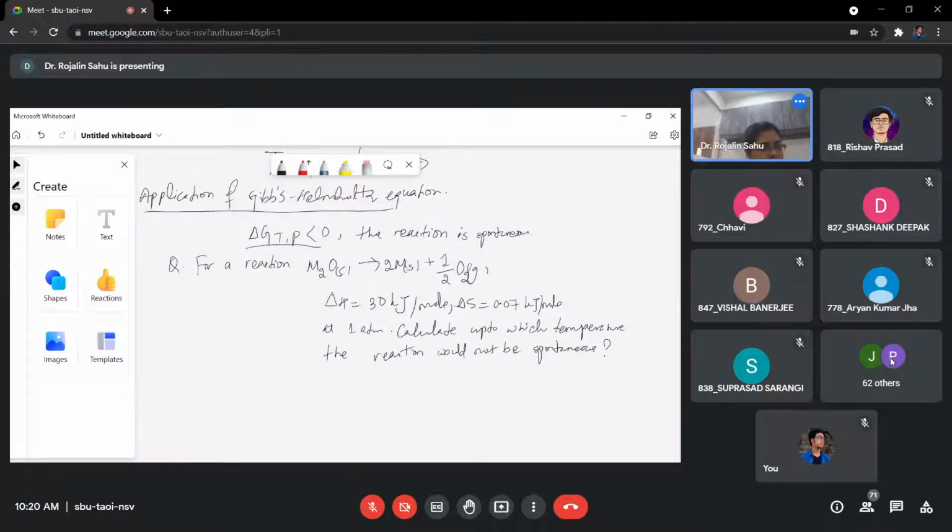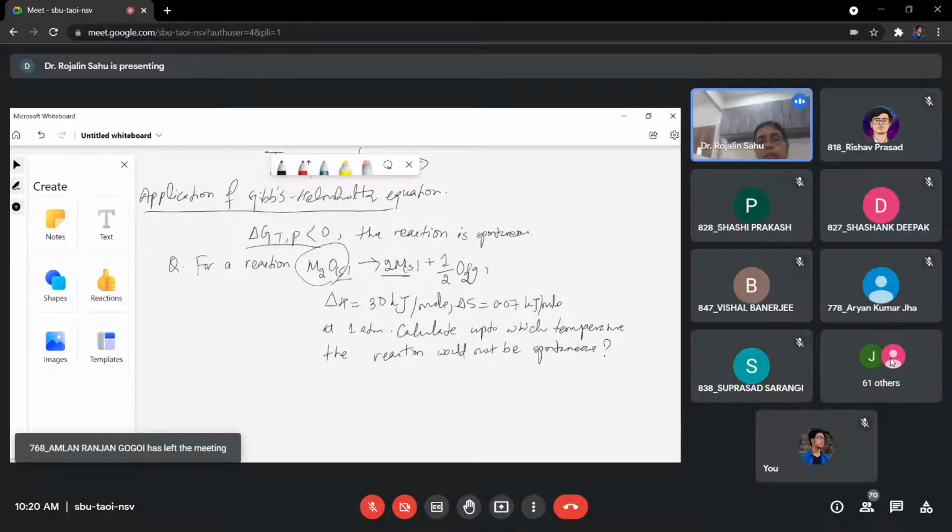Half O2 is gas. M2O is a metal oxide, so it is solid. On the product side, 2M is also solid, then half O2 is gas.